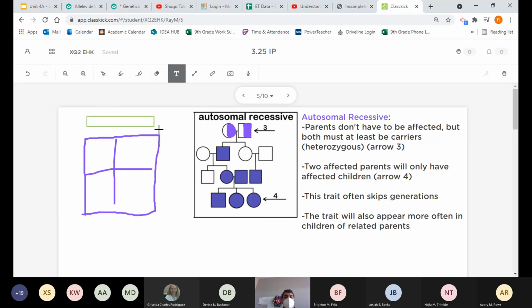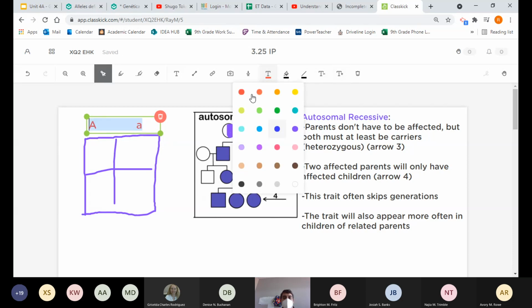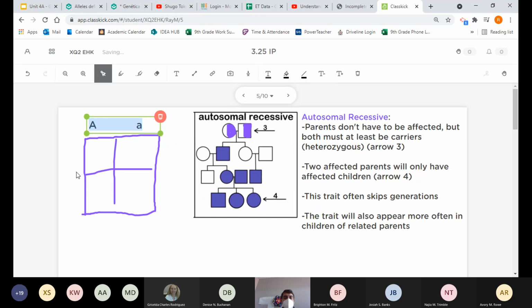All right, so we know that mom and dad are both heterozygotes. There's mom, here's dad, and it's something you've seen before, right? This is going to make what's called a 2-to-1 ratio.